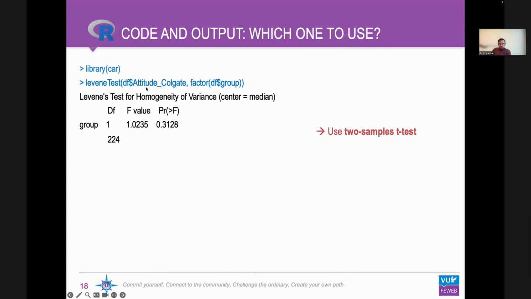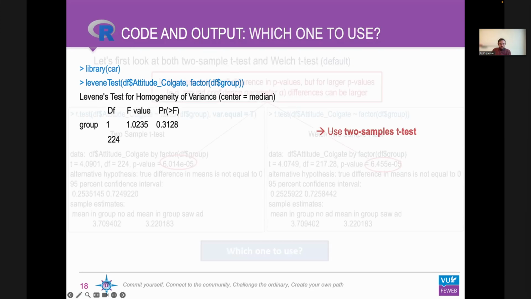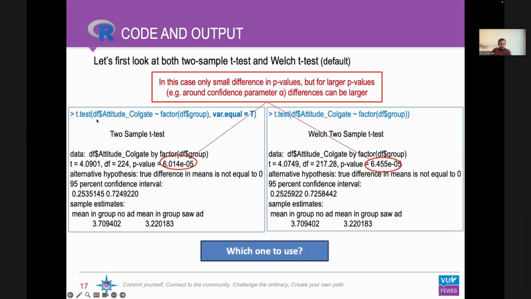Sorry, I also didn't explain this part. When you have a two sample t-test, we first provide the variable that we want to calculate the mean for. We are interested in the mean attitude towards Colgate here. Then you put a tilde, which splits the data into the groups that we have.